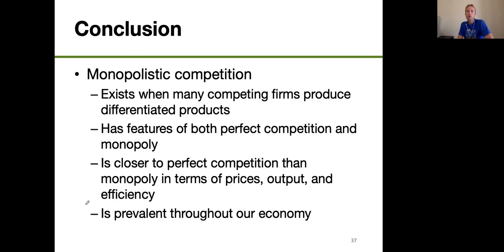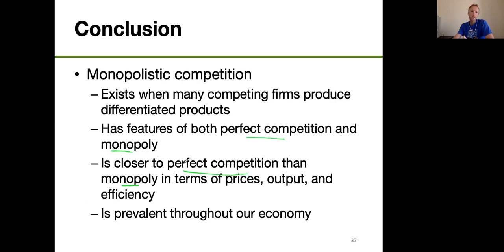Okay, so in conclusion, monopolistic competition. When does it exist? It exists when there are many competing firms producing differentiated products. Remember, once again, not different, differentiated. Everything else is the same as perfect competition, with the exception of the product differentiation. So it has features of both perfect competition and monopoly. It's definitely closer to perfect competition than monopoly in terms of its prices, output, and efficiency.